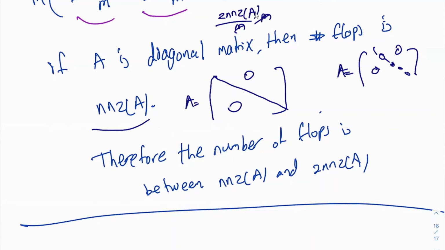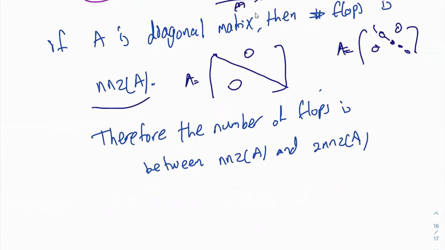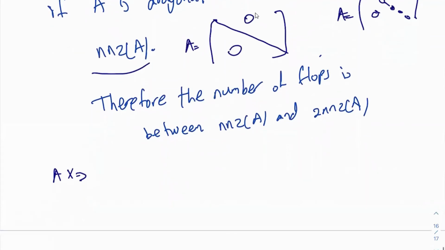The number of flops, perhaps here we can go ahead and calculate this Ax. Let's use either definition. So for yi, you calculate the sum of aik times xk.